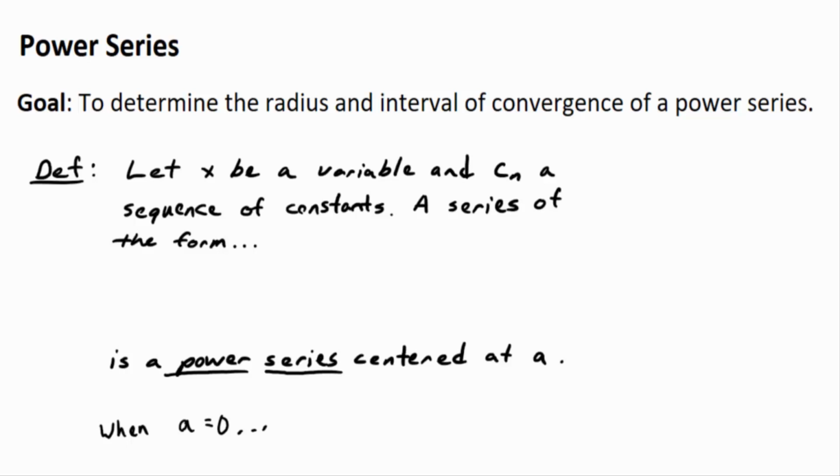And Cn, a sequence of constants, a series of the form the sum n equals 0 to infinity, Cn times (x minus a) to the n power is called a power series centered at a.